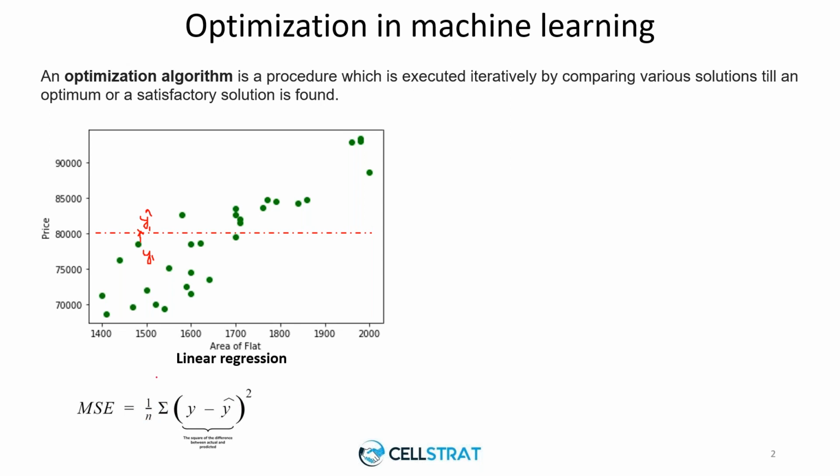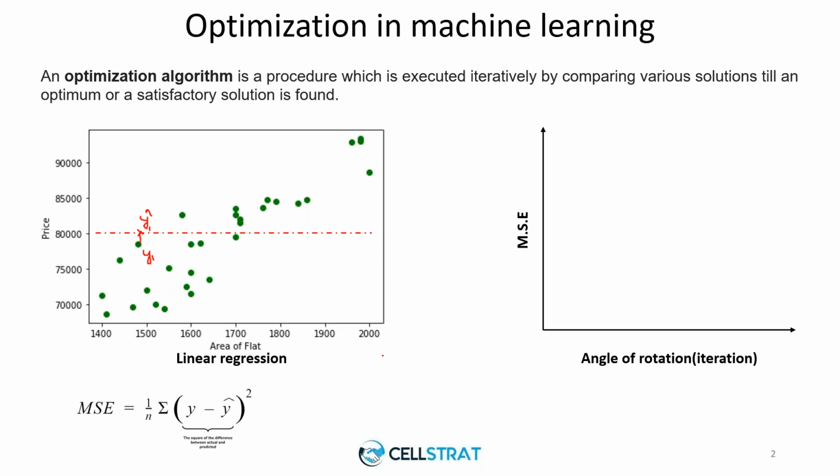After finding this mean square error, let us plot it onto a graph where you have mean square error versus number of iterations. In the first iteration, let's say we got a mean square error somewhere here. Then the system goes to the second iteration, where it slightly rotates this line, performs the mean square error calculation, and plots the error again.